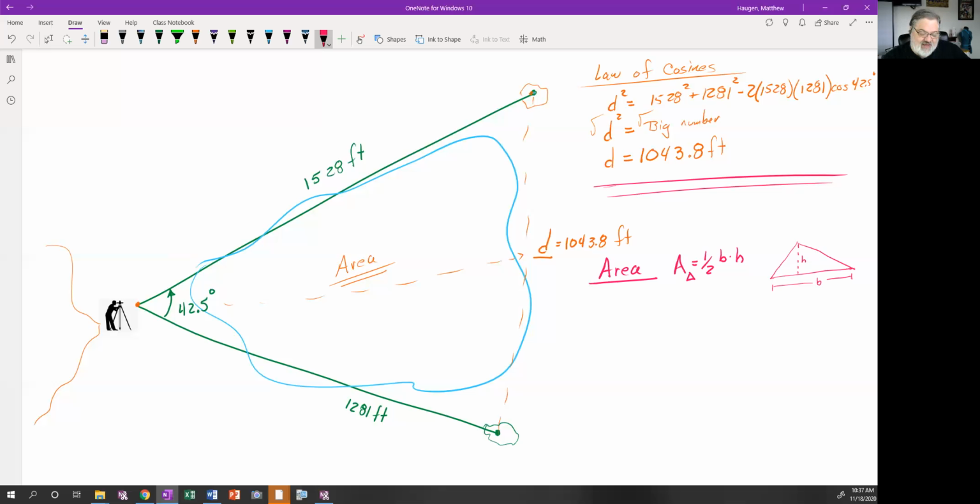So to use this 1/2 base times height formula for the area of a triangle, we'd either have to calculate that height or use some different tool.